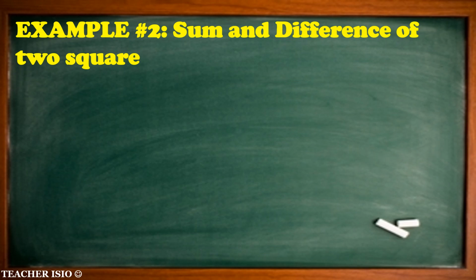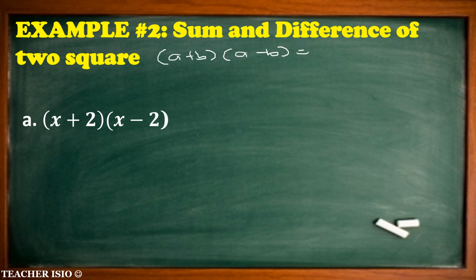So now, let's have example for this sum and difference of 2 squared. Sabi ko nga sa inyo, when it comes to this, ang gagawin niyo lang, if we have a plus b times a minus b, just square the first term. So we have a squared, and then use the operation of subtraction, and then square the second term, b squared.